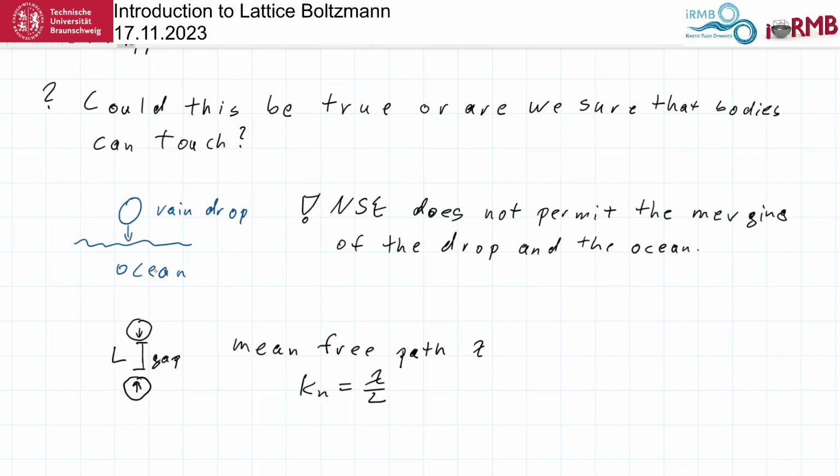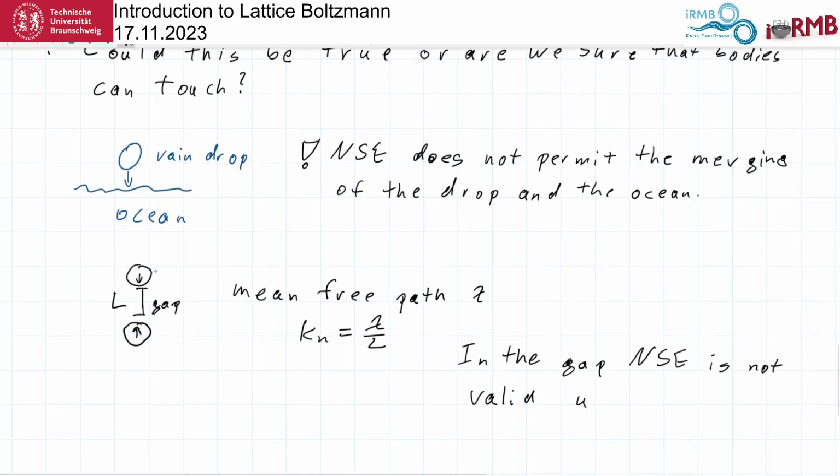And the Navier-Stokes equation, of course, requires that the Knudsen number is very small but non-zero. But in the gap, the Navier-Stokes equation would also not be valid unless, as we always say, that L must be very much larger than the mean free path.